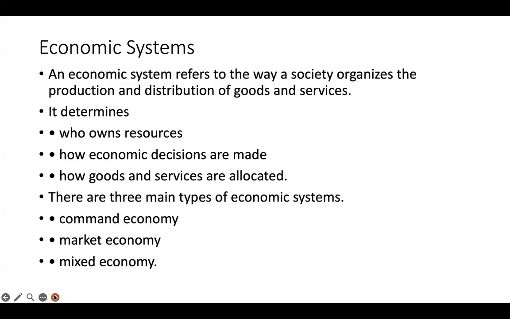Different societies use different systems depending on their political structure. The economic system determines who owns the resources, how economic decisions are made, and how goods and services are allocated. Different societies use different systems depending on their political structure, cultural values, as well as developmental goals.